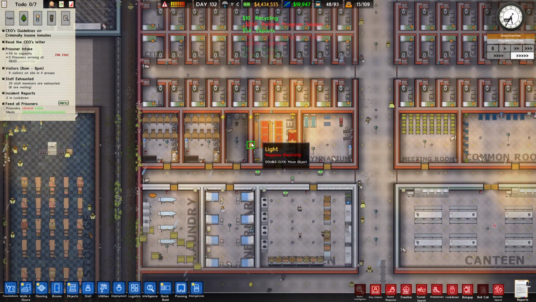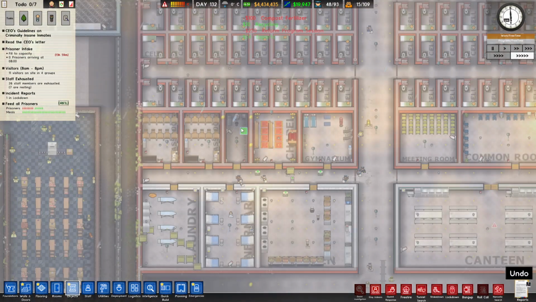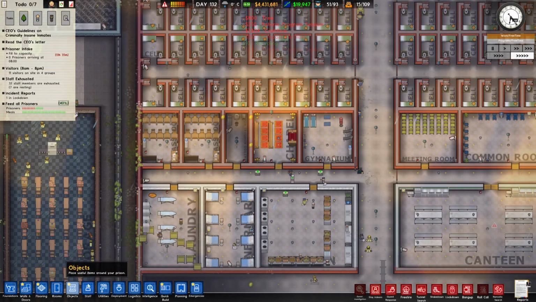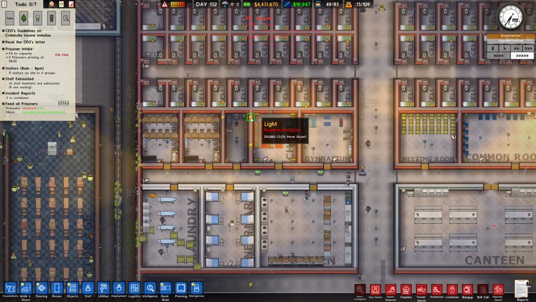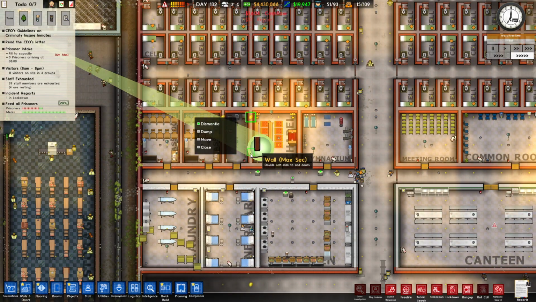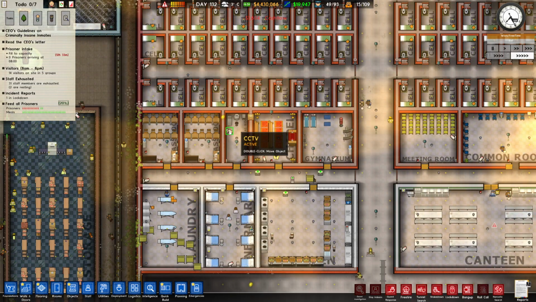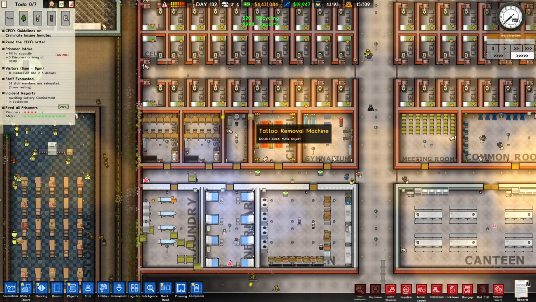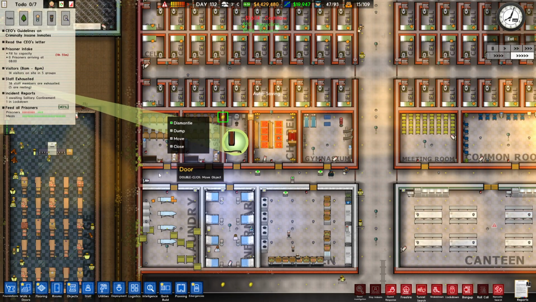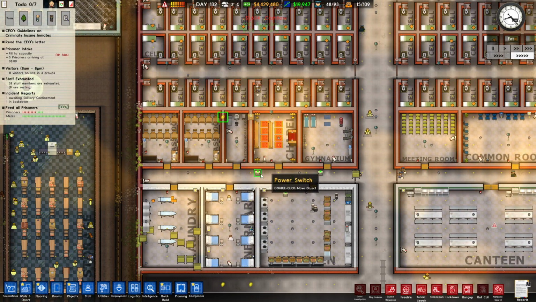I have some lights that are stuck in the wall here that seem to be causing problems. Let's get rid of those.